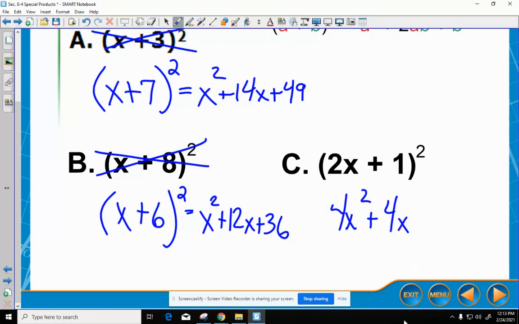Why do you need to multiply it by itself again? Same thing here. I had to have 2 of these 7x's. Because 7 times the 2, the 6 times the 2, and then the 1 times the 2 would be 2x.